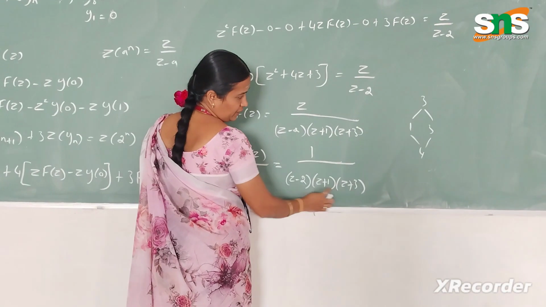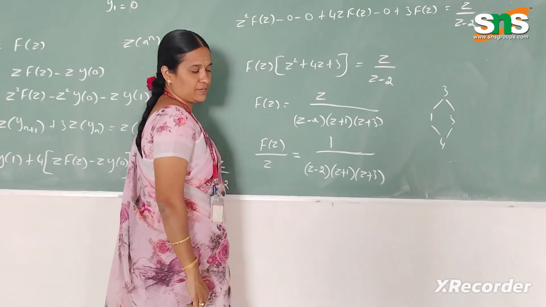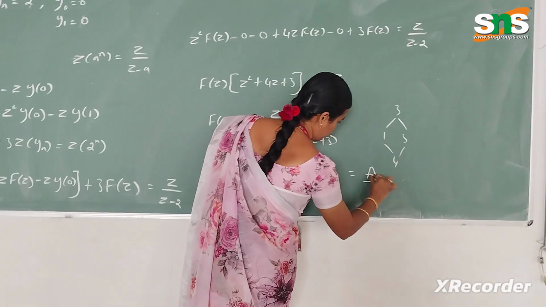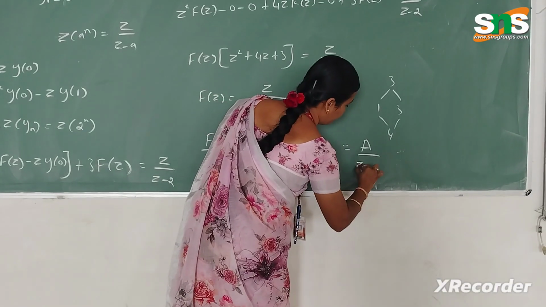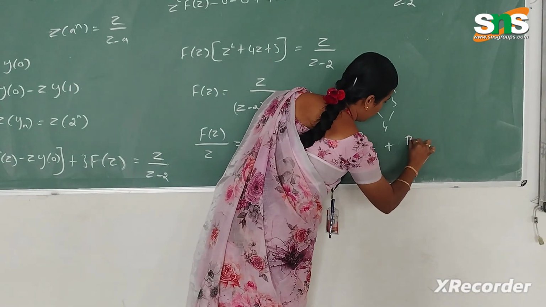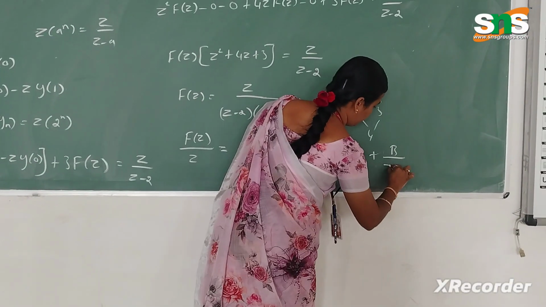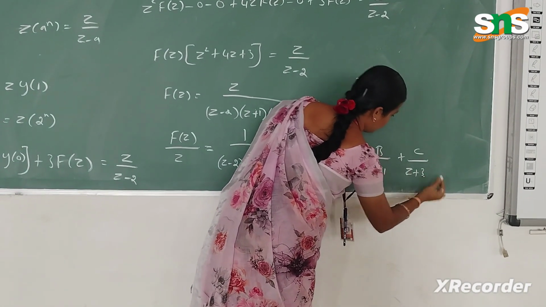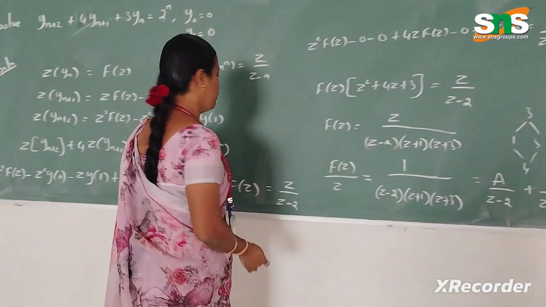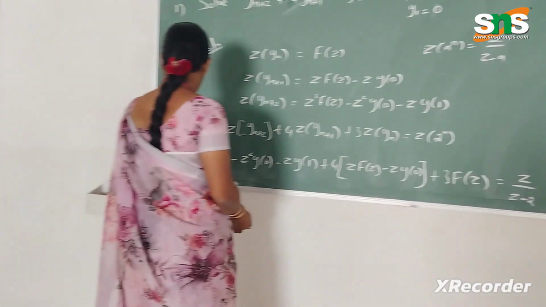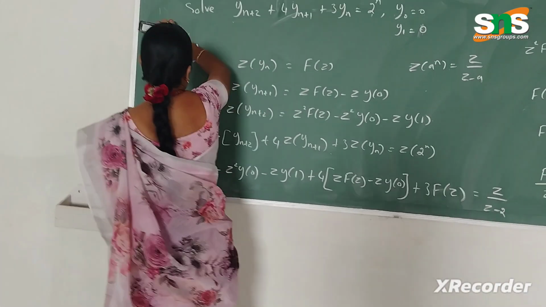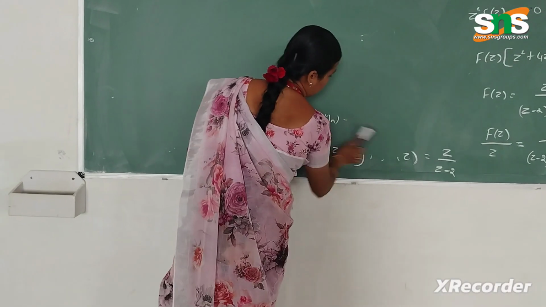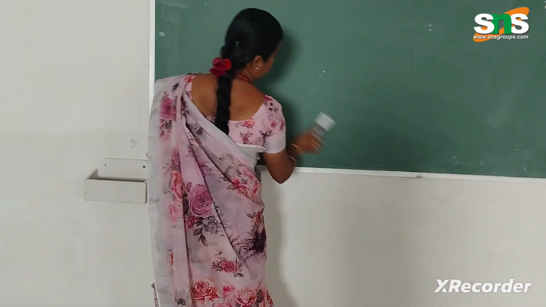Here we are having three factors. Therefore using partial fraction, this can be written as A by z minus 2 plus B by z plus 1 plus C by z plus 3. Now we are going to calculate the constant values A, B and C using the partial fraction method.